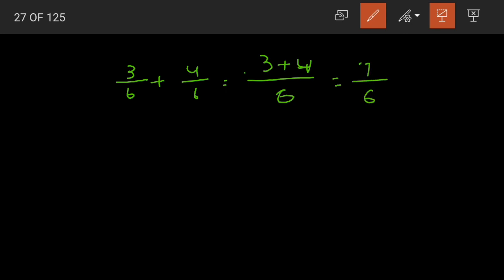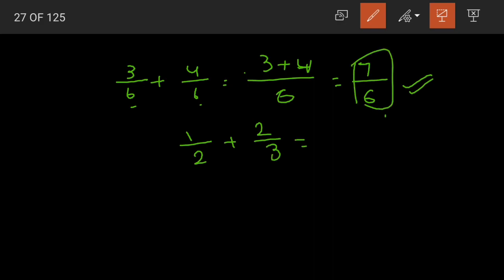3 by 6 plus 4 by 6 is equal to, add the numerators and take the common denominator. 3 plus 4 is 7, divided by the common denominator 6. So the addition of the given two unlike fractions, 1 by 2 plus 2 by 3, is equal to 7 by 6, children.